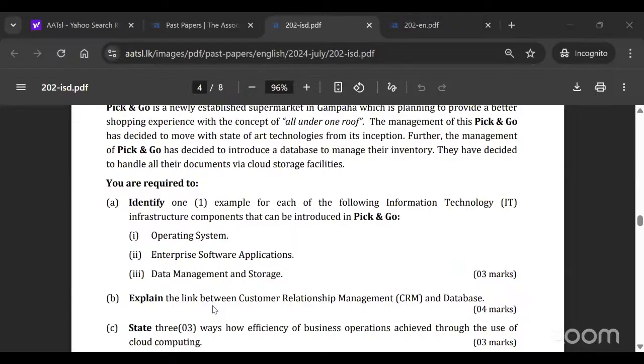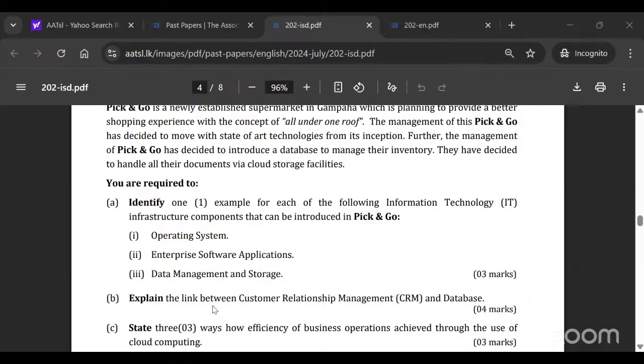And scalability and flexibility. Cloud computing allows businesses to scale their resources up or down based on demand. This is particularly beneficial for handling fluctuating workloads, such as during peak shopping times. As the business grows, cloud services can easily accommodate increasing data storage and processing needs without requiring major hardware upgrades. And improved collaboration and accessibility.